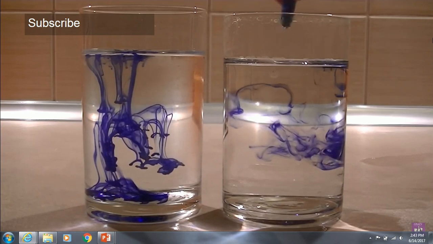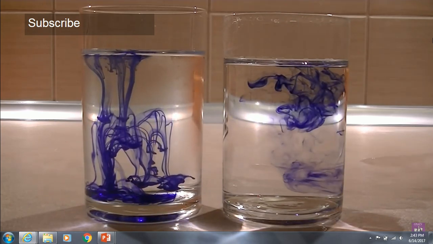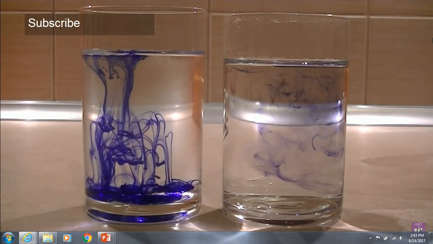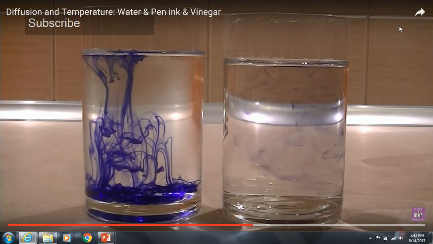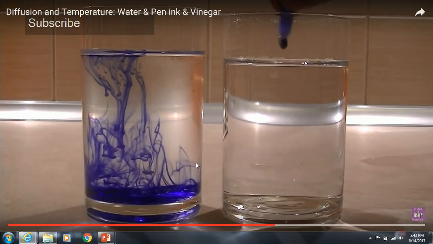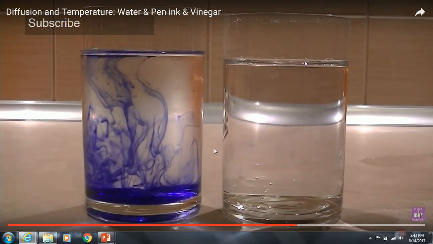You can see pretty clearly there are already some changes in how the ink disperses in the water based on whether the water's hot or cold. It'll continue to wash for a little bit, and we'll see some other changes that occur. Same amount of time, and this ink seems to pretty much have disappeared over here. This is still moving through pretty slowly.